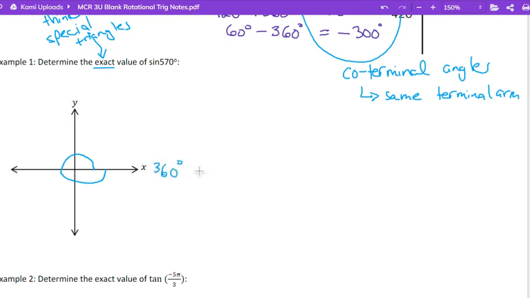Okay, now I got to put some numbers down. Remember how we've been doing this? We've been writing, and then we've been writing 360.